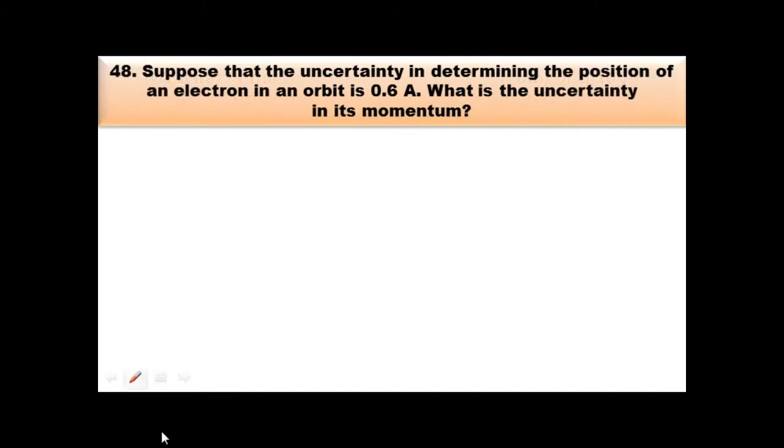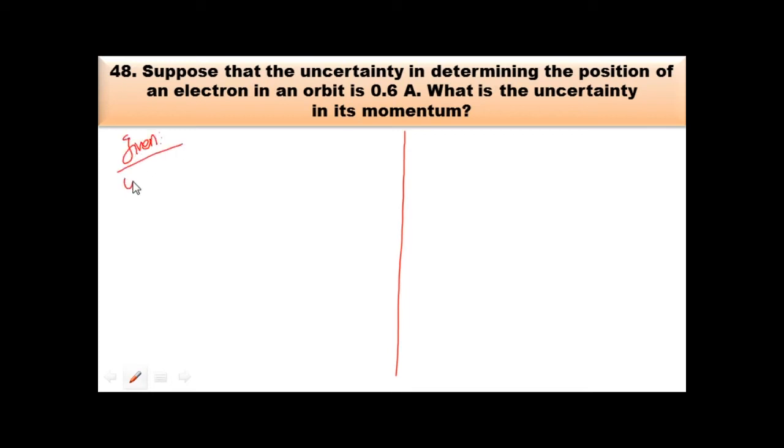The next question: suppose that the uncertainty in determining the position of an electron in an orbit is 0.6 angstrom. What is the uncertainty in its momentum? So first, what are the given?